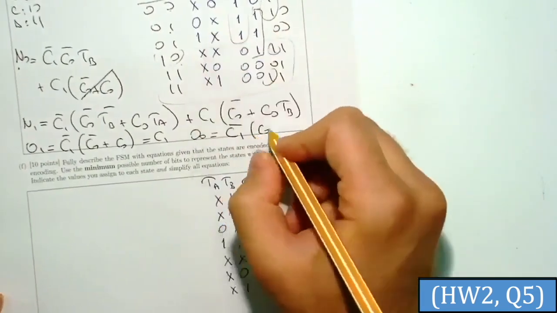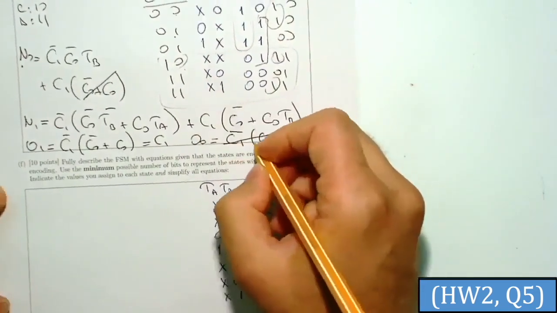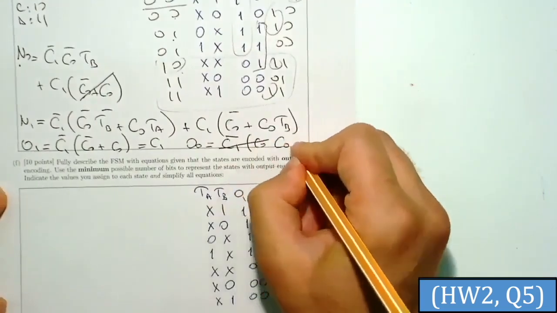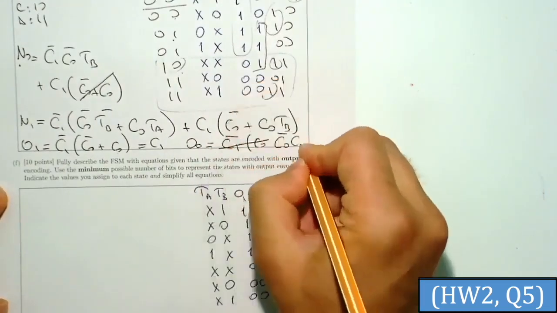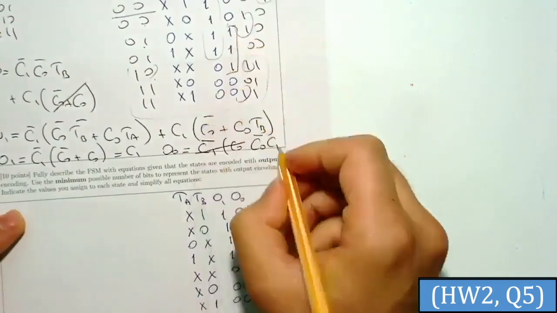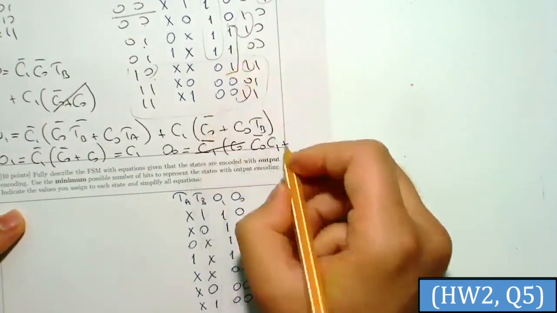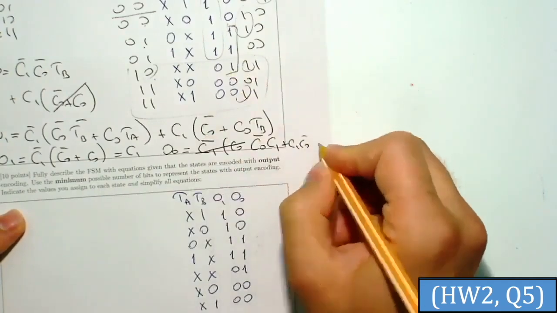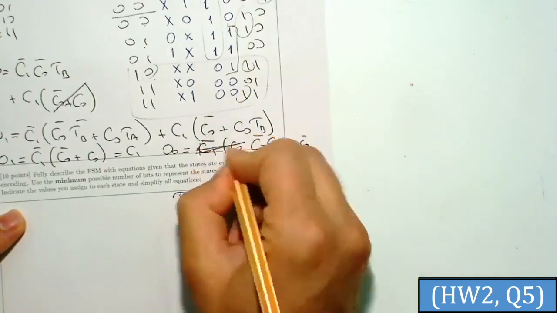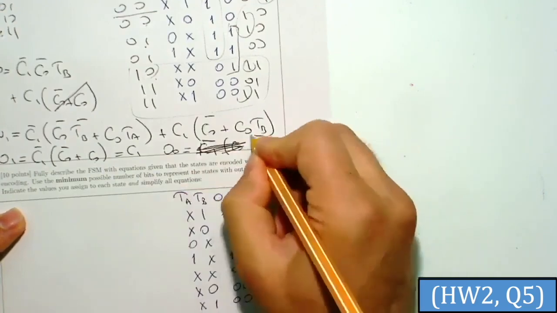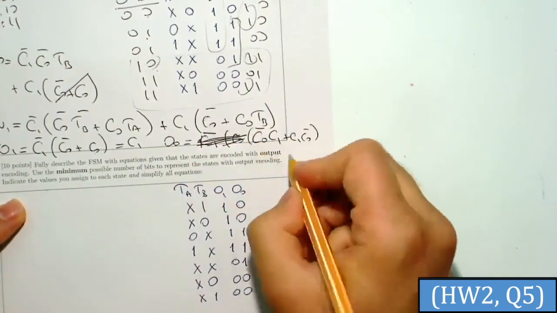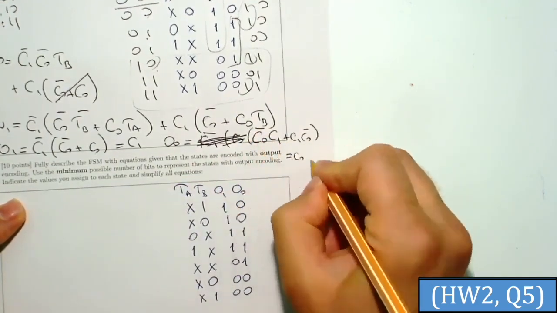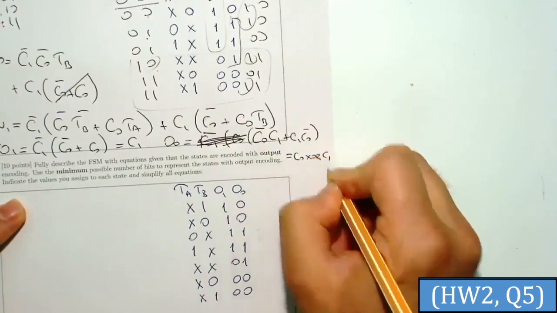I actually have C0 not and C1 here, or C1 C0 not, right? So you can ignore that part. So this is basically XOR, right? So you can write it as C0 XOR C1 as well.